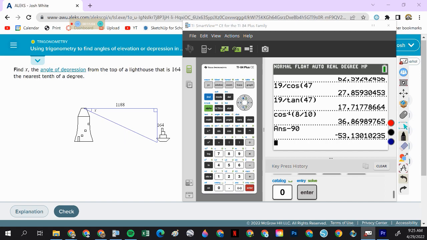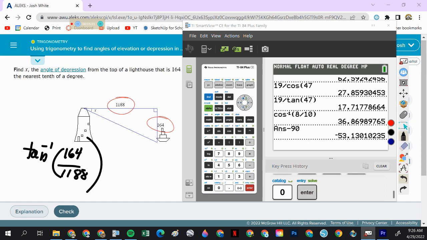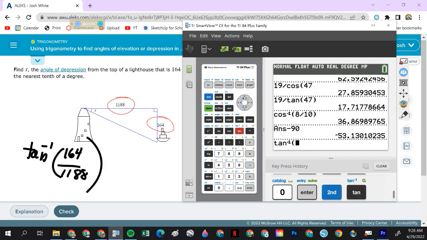So which trig ratio is going to use O and A? Tangent. And we want to find the angle, so we do tangent inverse of 164 over 1188. So inverse tangent of 164 divided by 1188.